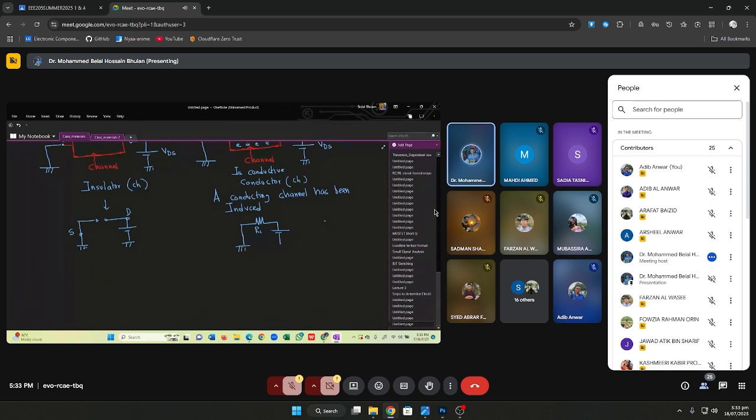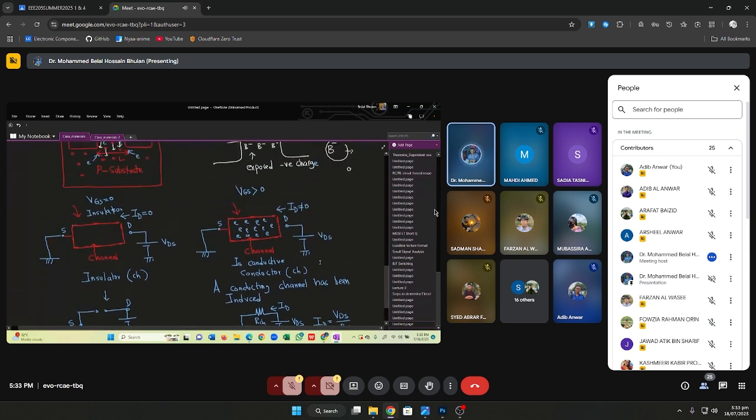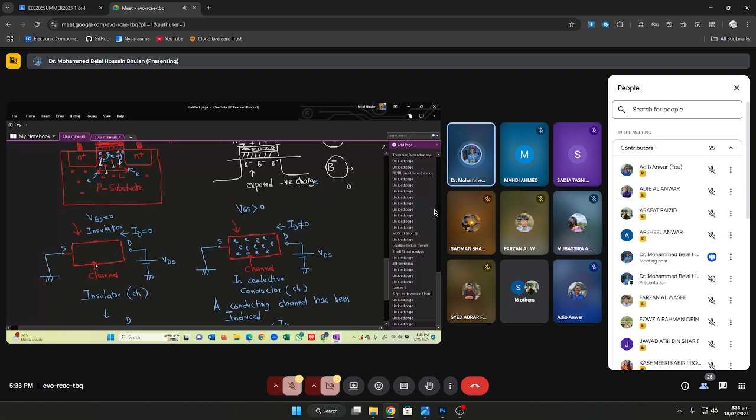So RCH, VDS. Therefore a current will be flowing, ID, and ID is simply what? Applying Ohm's law, VDS divided by RCH. So this arrangement allows us to modify the conductivity of the region.